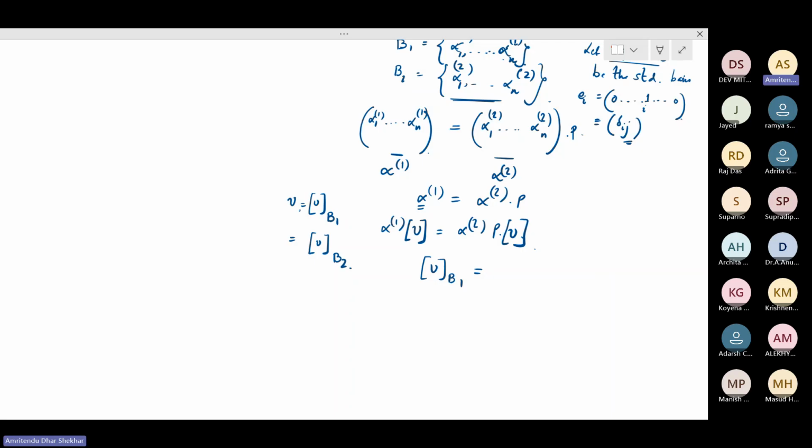Right. So what you get is that the vector representation of V with respect to the basis B2 is equal to P times the representation of V with respect to B1. So you just multiplied this: PV with respect to basis B1 is equal to V with respect to basis B2.